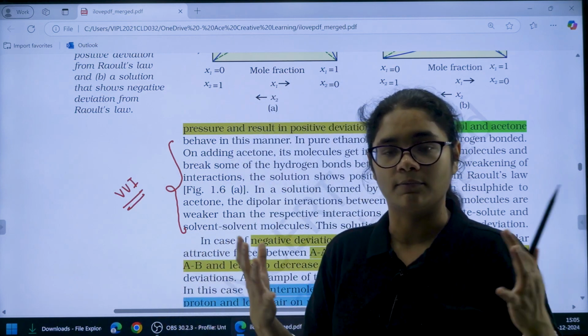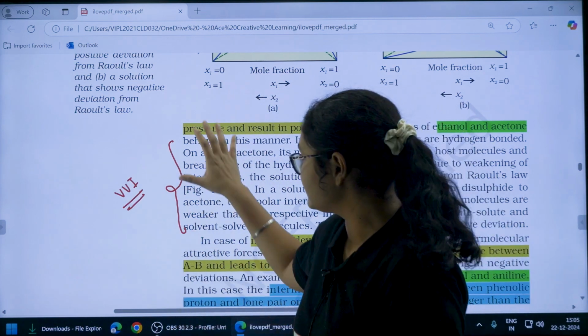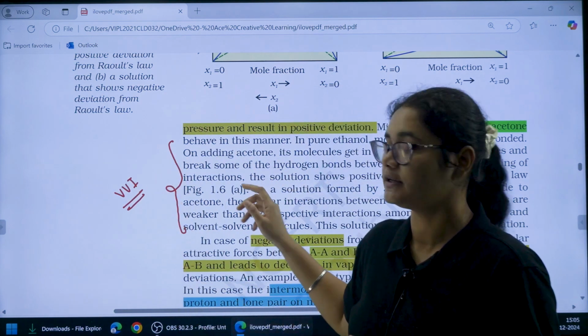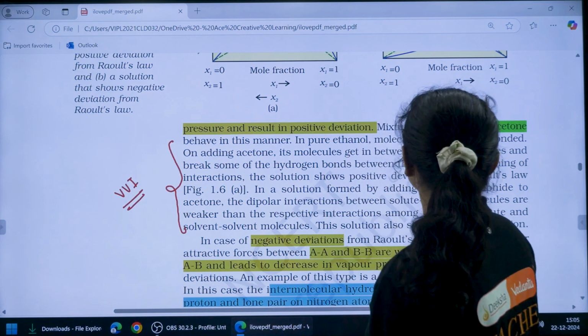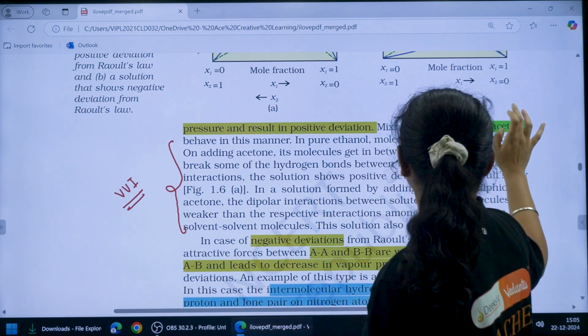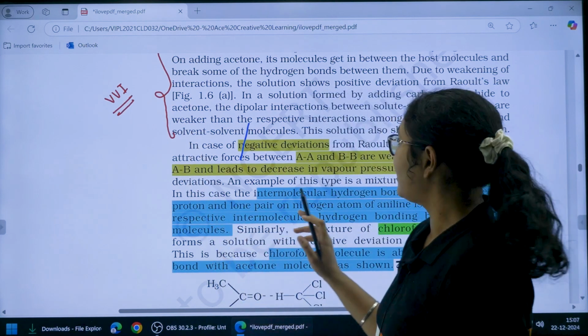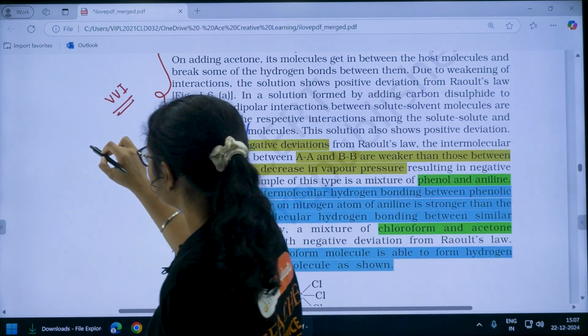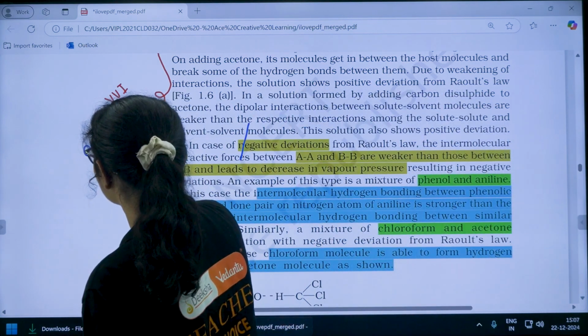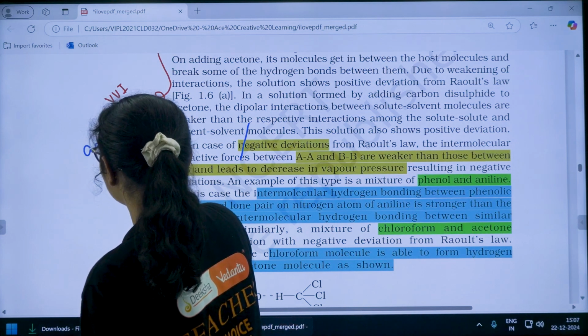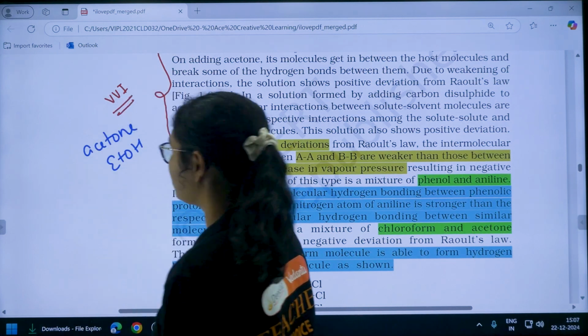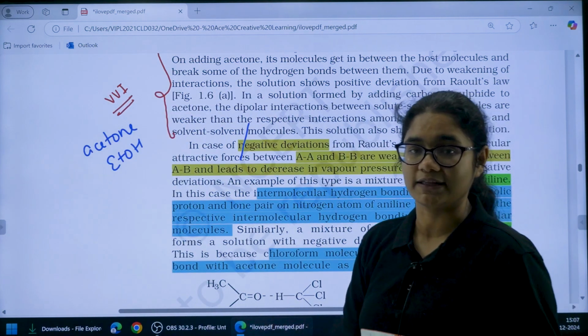What you have to write is that the bonding decreases, and you have to write down how. So the question that can be asked is: why do acetone and ethanol show positive deviation? You have to explain the reason there.